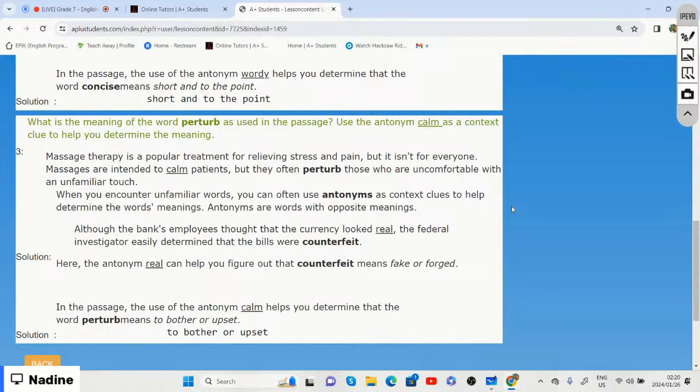But it isn't for everyone. Massages are intended to calm patients, but they often perturb those who are uncomfortable with an unfamiliar touch. So, perturbed, right? So once again, massage therapy is a popular treatment for relieving stress and pain, but it isn't for everyone. Massages are intended to calm patients, but they often perturb those who are uncomfortable with an unfamiliar touch.